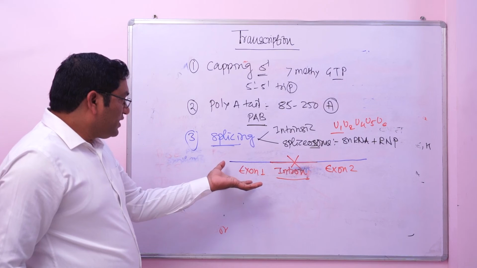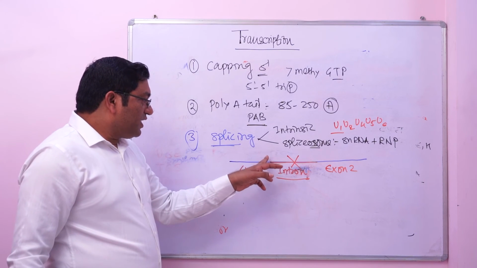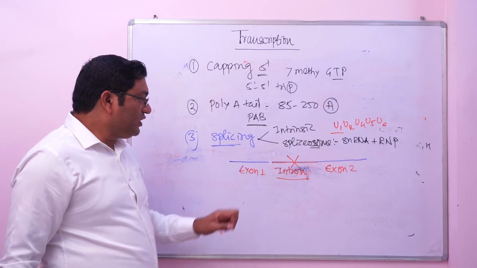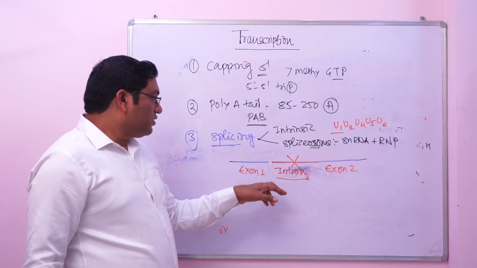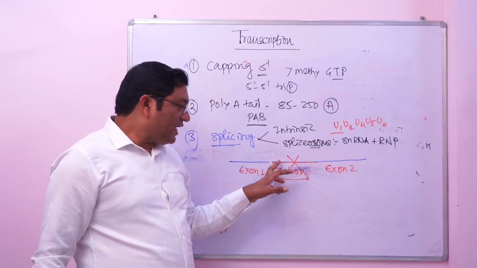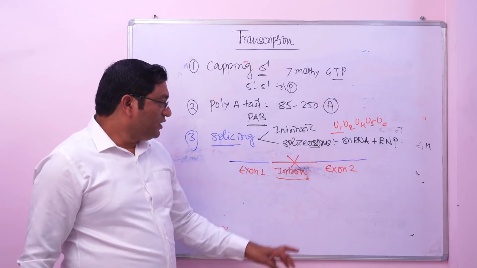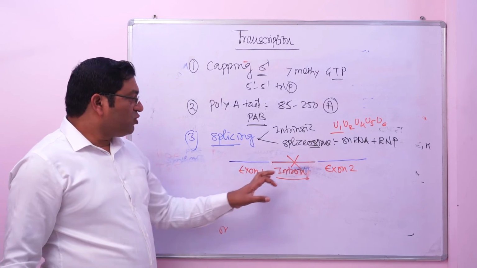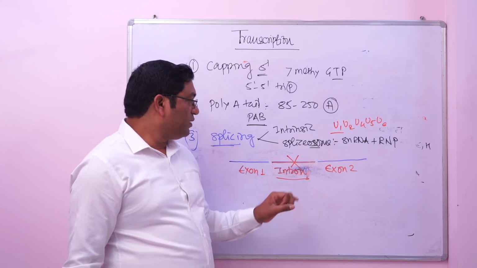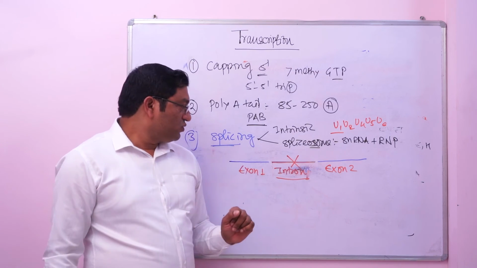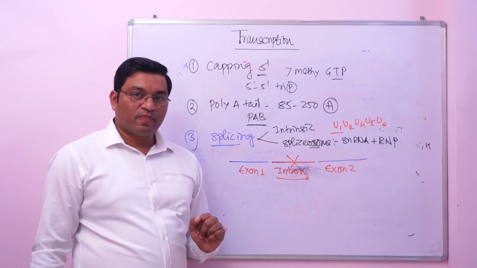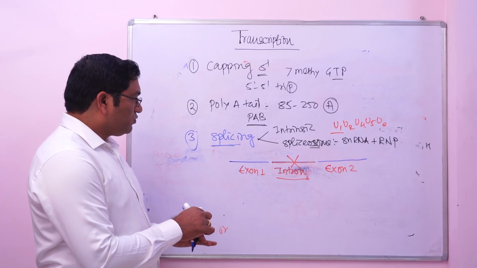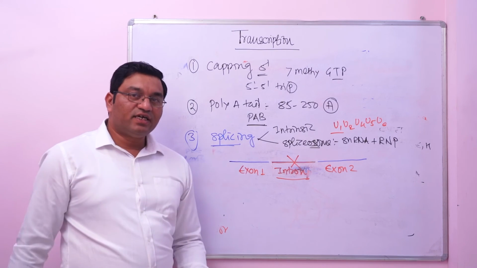So here there are steps: cut at the 5' end of the intron, then the second step is the lariat formation or loop formation, then cut at the 3' end of the intron and joining up the two exons together with the help of spliceosome. Two diseases are related to splicing.